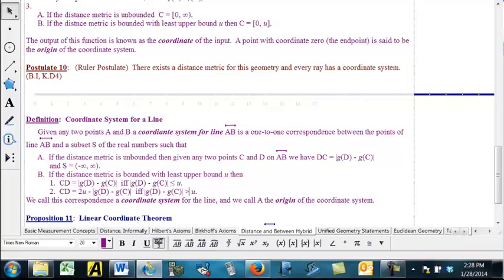We'll examine this a little more closely in a later video, about how these properties of betweenness play out in each of the geometries, particularly the weird things that happen in spherical geometry that you have to be very careful about.